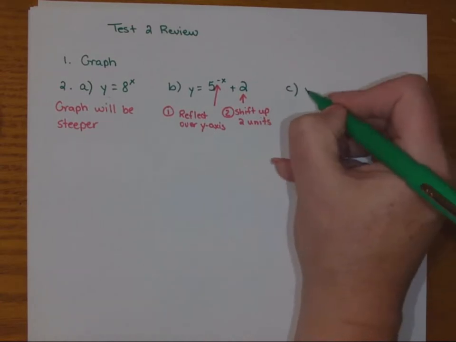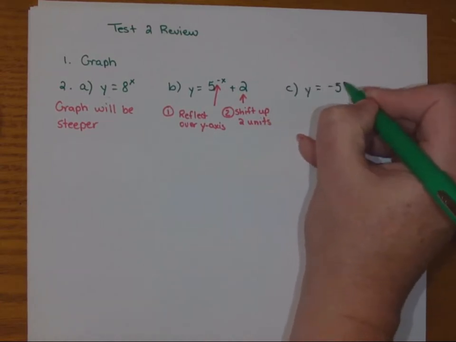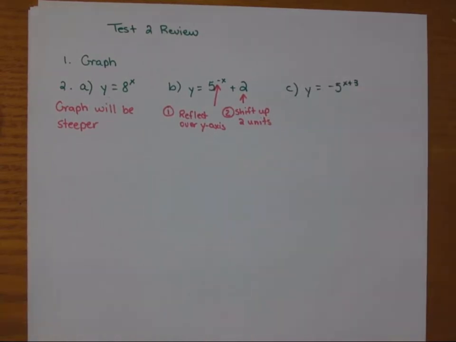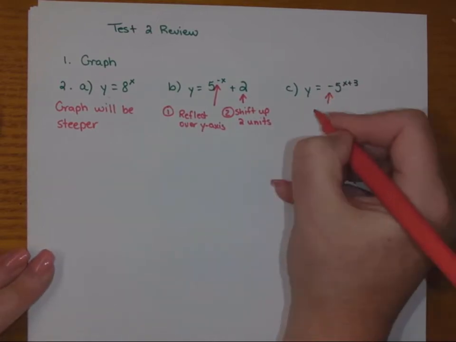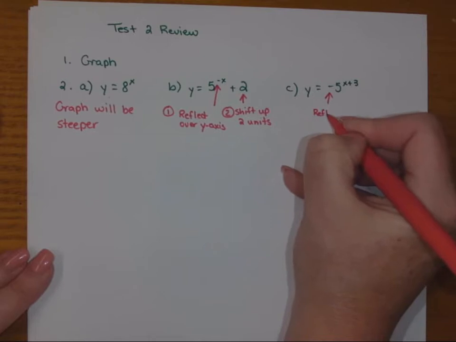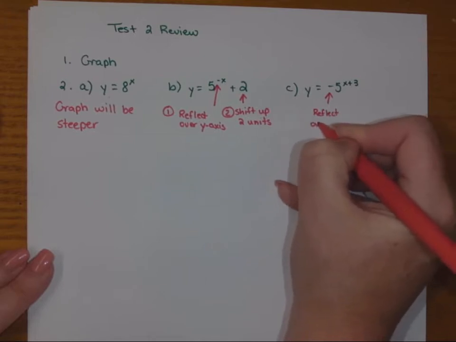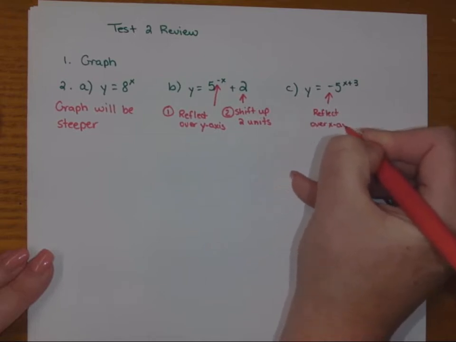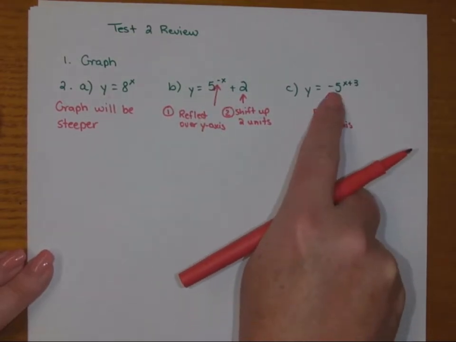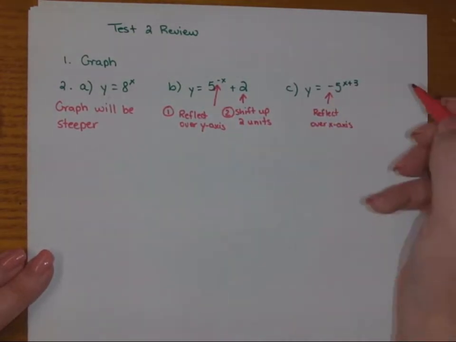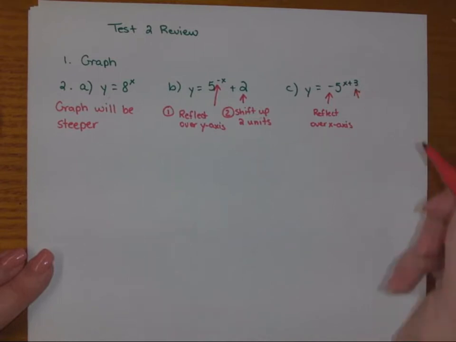And then last but not least for this one, y equals negative 5 to the x plus 3 power. Okay, so notice this time the negative sign is to the front of the function, so this would be a reflection over the x-axis. Okay, when it's inside, it's a y-axis reflection. When it's to the front, it is an x-axis reflection. And then notice the plus 3 is not at the end, right?